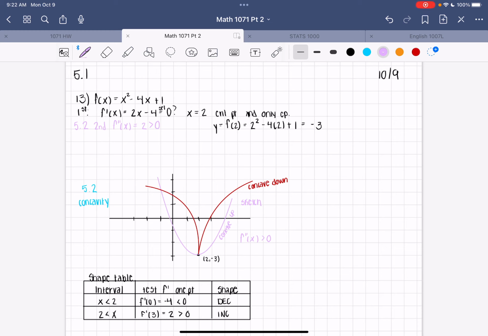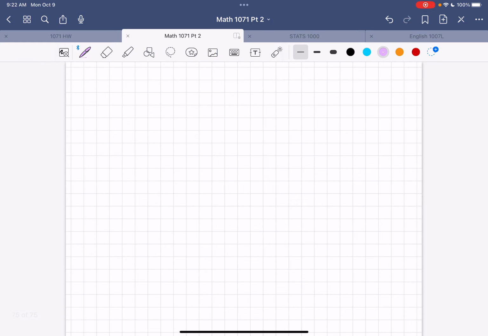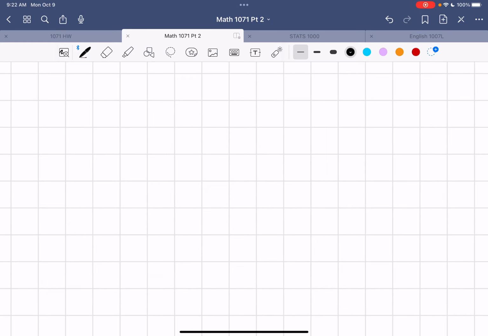So hold that thought. Let's take a look at number 15. F of x is x cubed plus 3x plus 1.